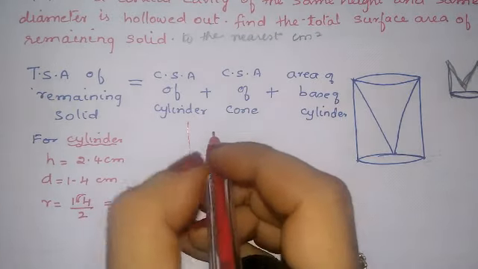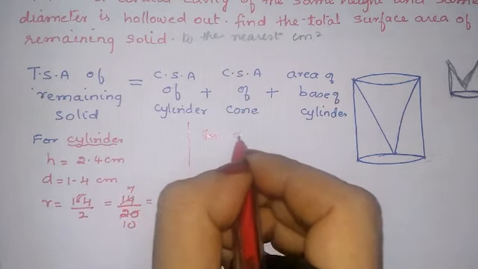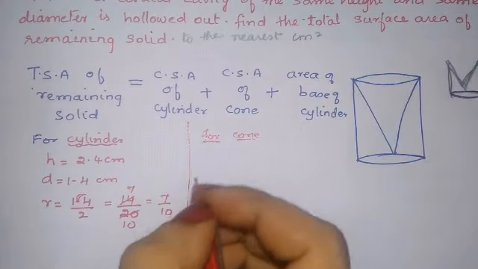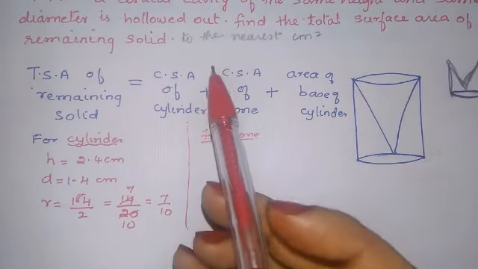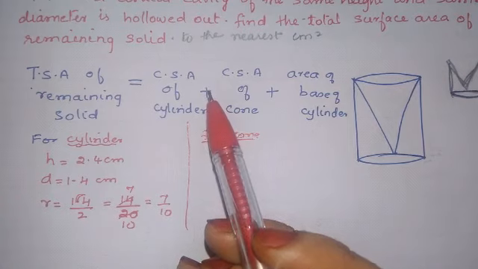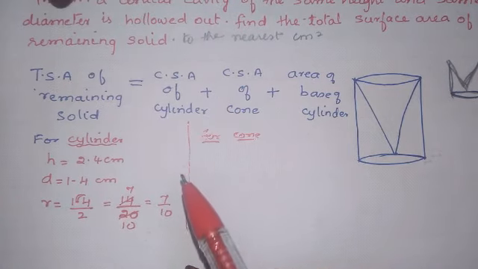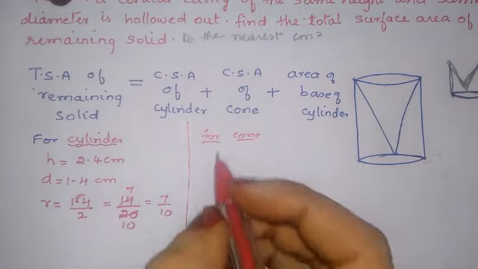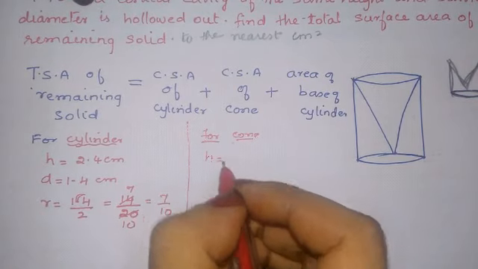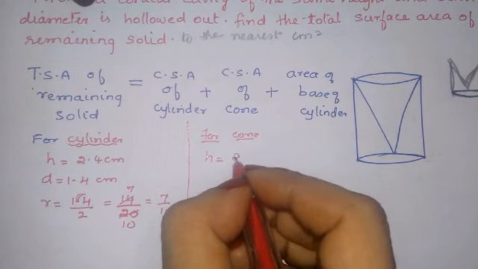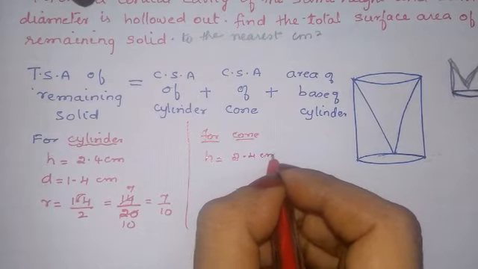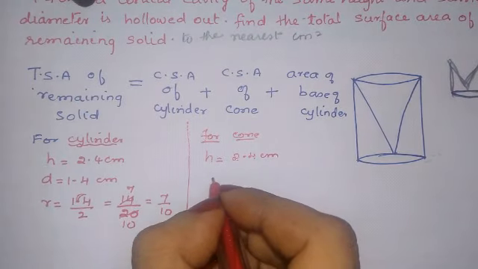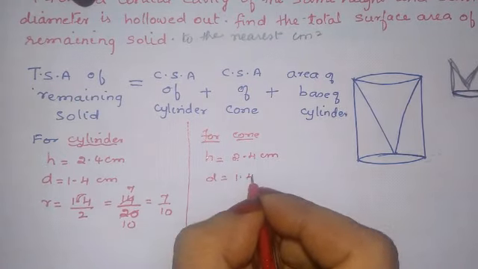Let us see about the cone, what they have given. They have told a conical cavity of the same height and same diameter. The height of the cone is the same as the cylinder, 2.4 centimeter, and the diameter is 1.4 centimeter.